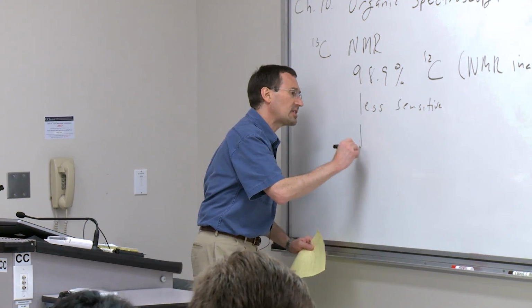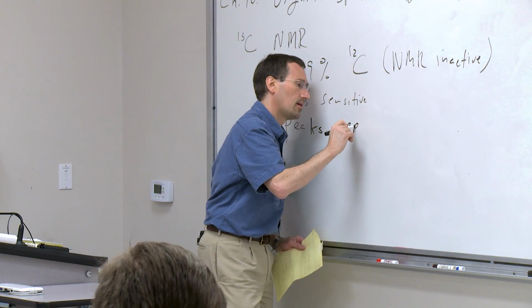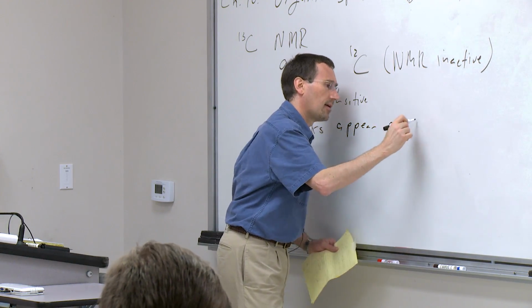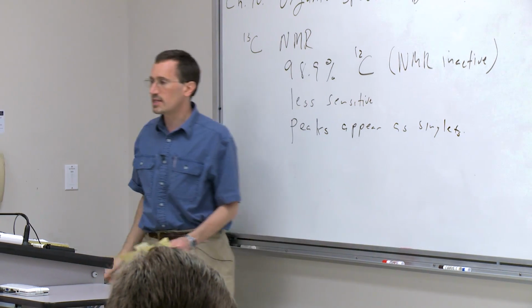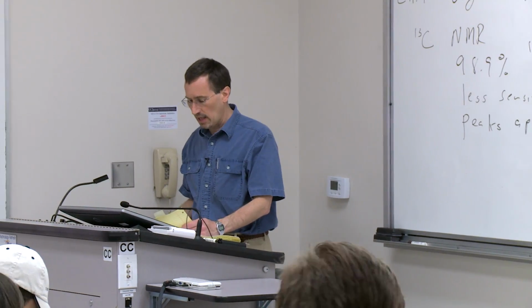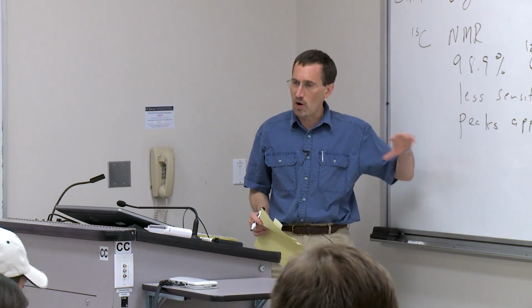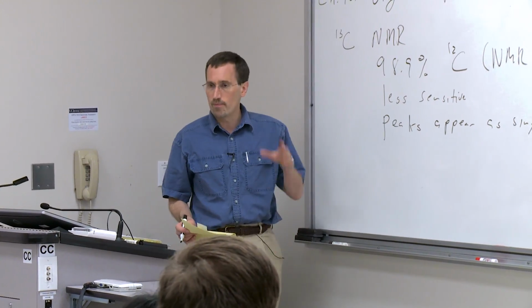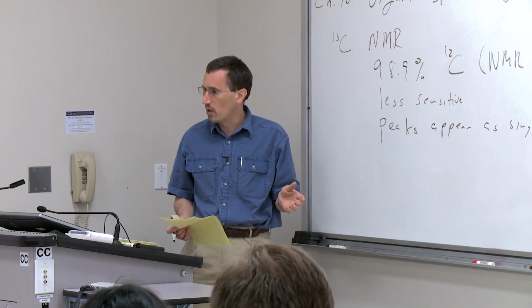So the peaks appear as singlets. In other words, you just get lines above the noise level. And this is due to a couple of reasons. In proton NMR, virtually all the hydrogens in the molecule are protons and spin-spin couple.